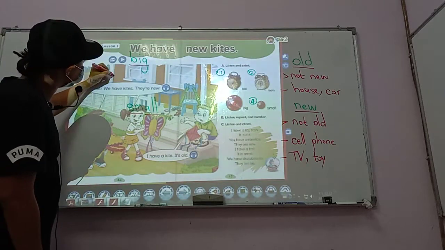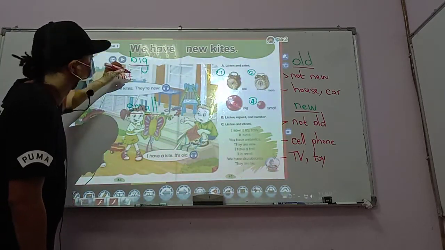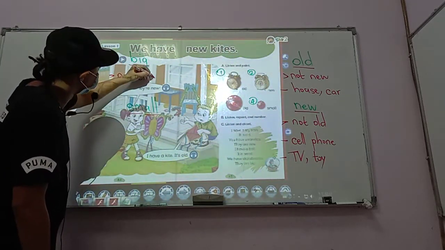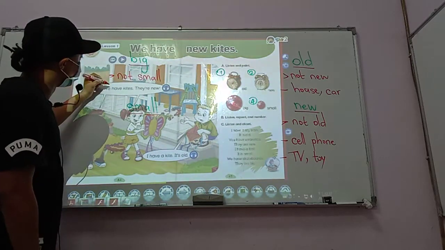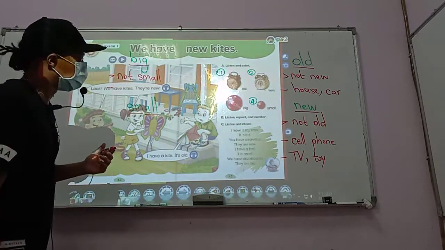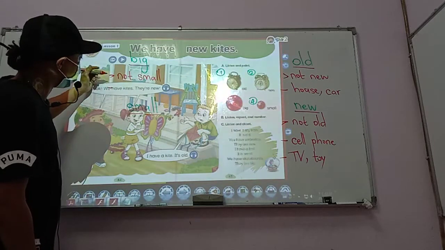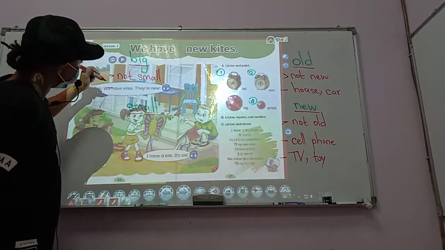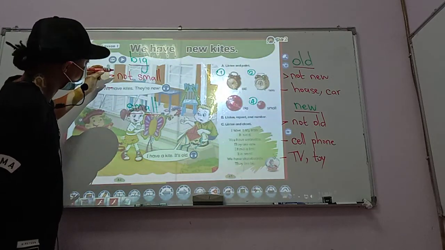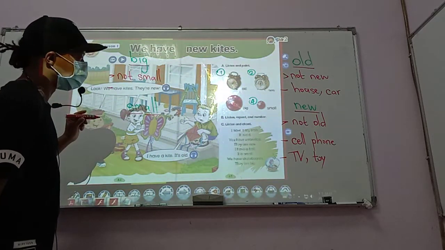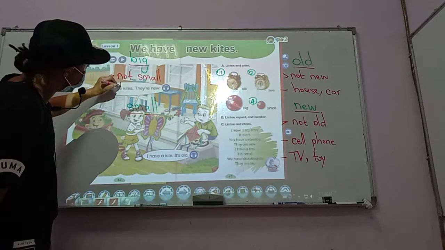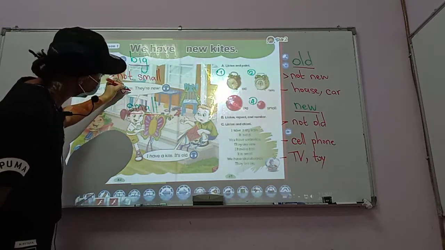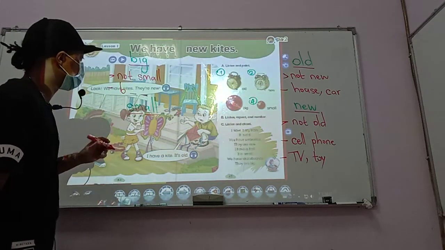Let's move on to the word big. Alright, big means that it is not small. Alright, so what is something that is very, very big? I'm going to see if you guys can guess which word I'm thinking about. So something that is very, very big, starts with a B and has 2 letters.